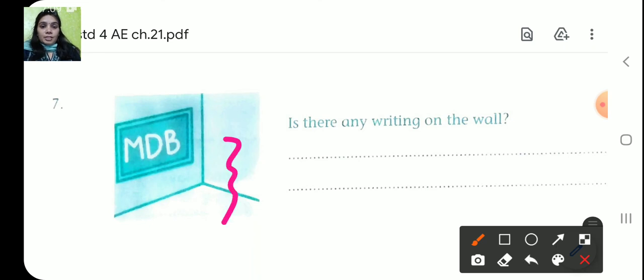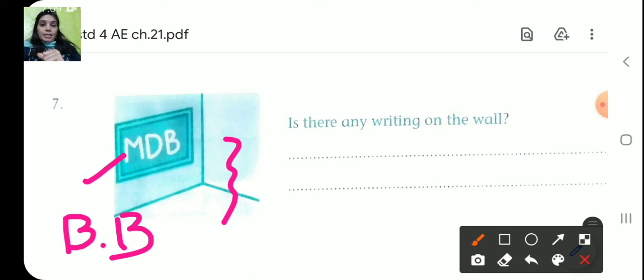And this is the blackboard. Okay. So, is there any writing on the wall? There isn't any writing on the wall, but there is some writing on the blackboard. You can see some writing here.